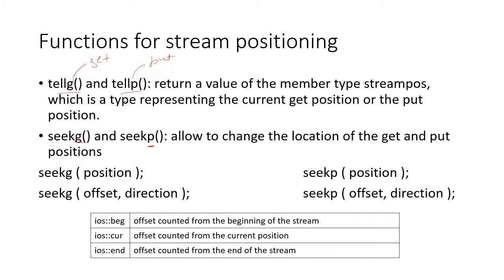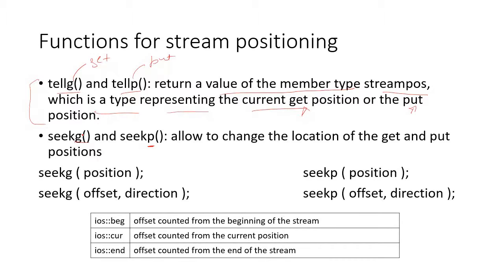So tellg and tellp return a value of member type streampos, which is a type representing the current get position or current put position. So if I'm into reading, then the get position will be there. If I'm into writing, then the put position will be utilized. So this is what to do in terms of getting the current position.